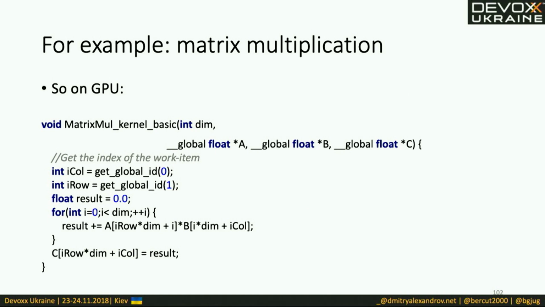So on GPU, our code will look like this. We have only 1 cycle, but then we have some global function calls like global ID. So we send it to the video card, it chunks the data and says, okay, give me the ID, where am I? And just give me this piece of data and I will process it. So defining an ND range means that you have to chunk your data in the correct way for your video card.